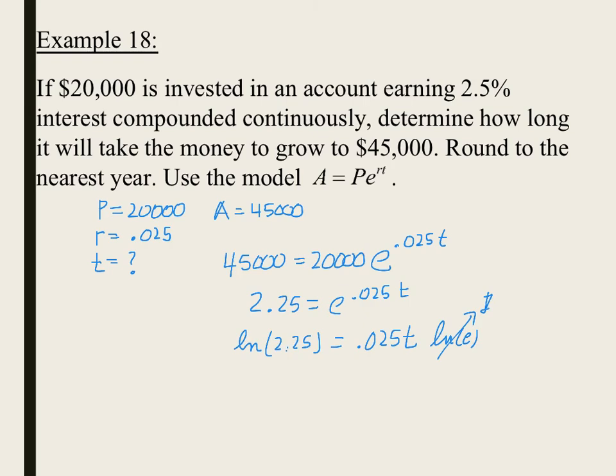So we're left with the log of 2.25 divided by 0.025 is equal to t. So t is approximately equal to 32.437. So the nearest year really is about 32 years.